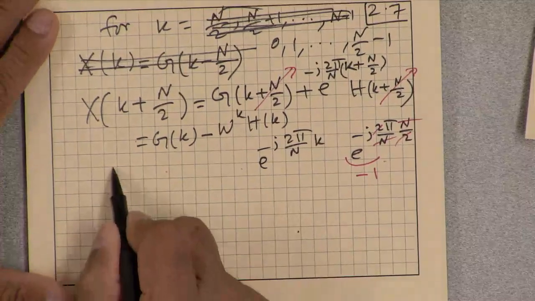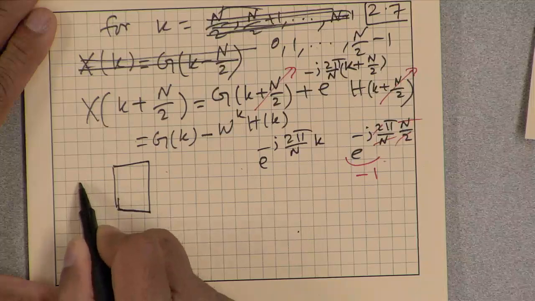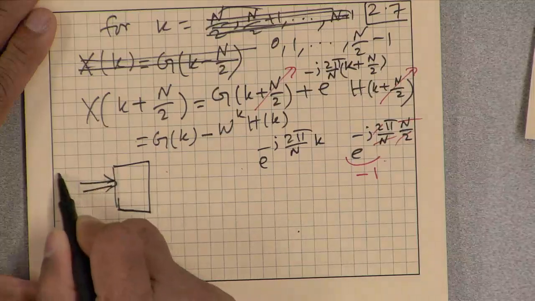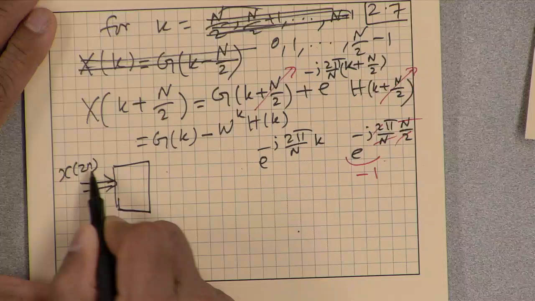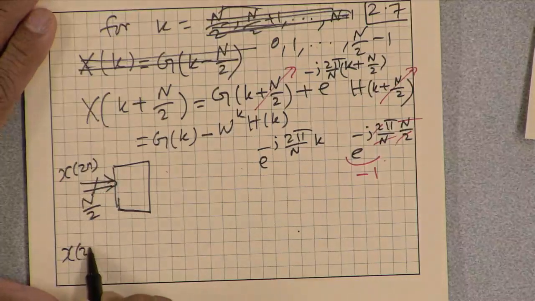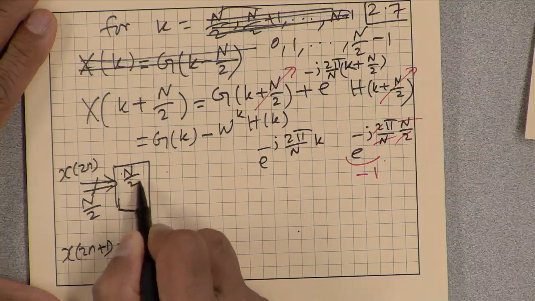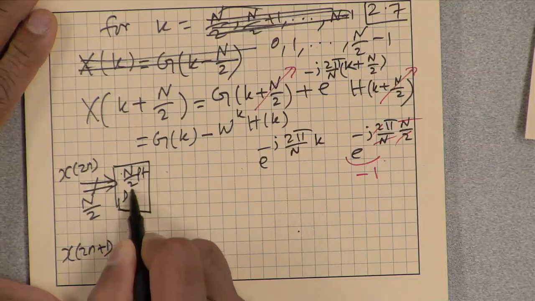So if we have x2n of length n by 2, x2n plus 1 of length n by 2, and we compute n by 2 point DFT.